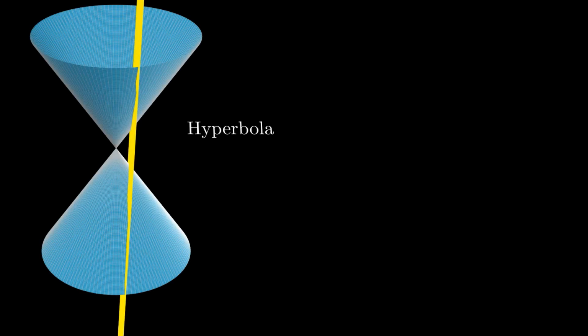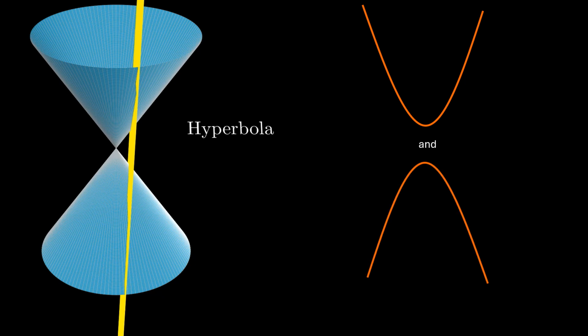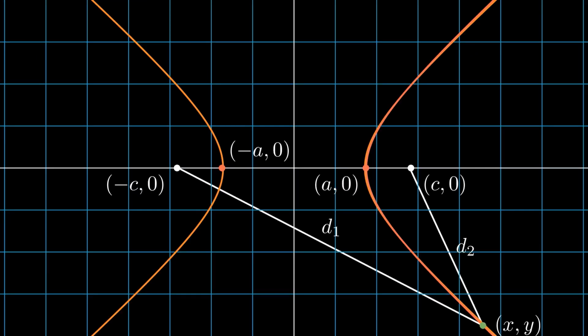Then for the hyperbola, the knife edge is vertical, going through the two cones. Now we are saying and not just or. So you have the knife creating those two shapes as it goes through the cones, and this is a hyperbola for us.